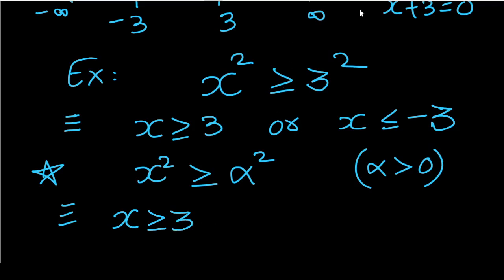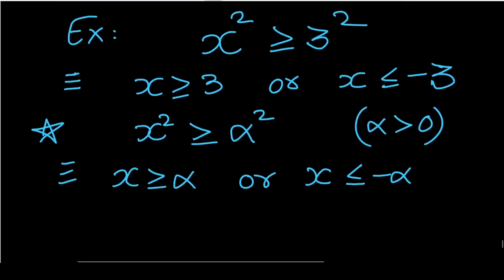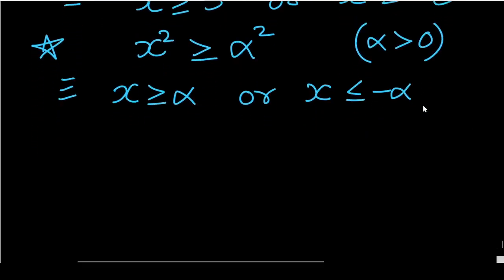We can write it as a formula: x square greater than or equal to alpha square means x is greater than or equal to alpha or x is less than or equal to minus alpha. So this is the generalization of the above formula.